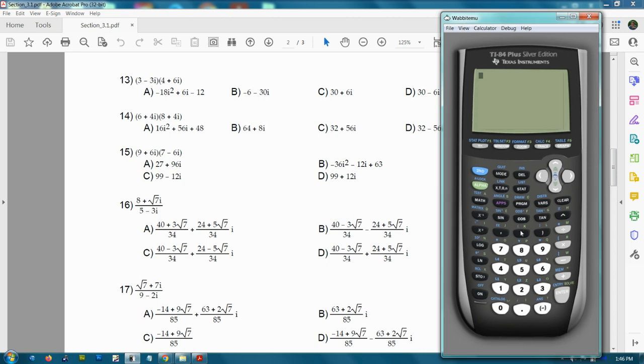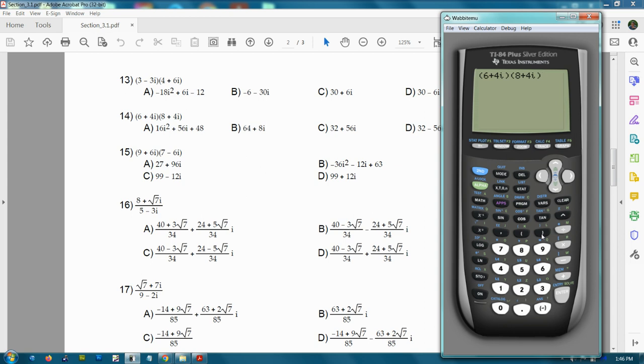Number 14, open parenthesis, 6 plus 4i, second function, period key. Open parenthesis, in fact, I should have open parenthesis to start off with. 14, 6 plus 4, second function, the period key, and what do we got? 6 plus 4i times 8 plus 4i.